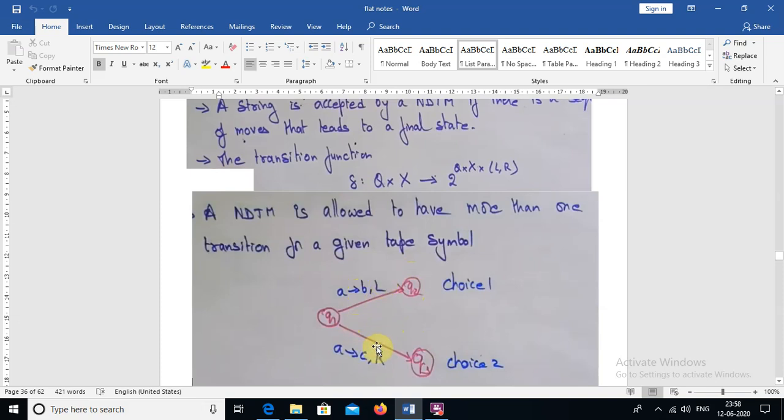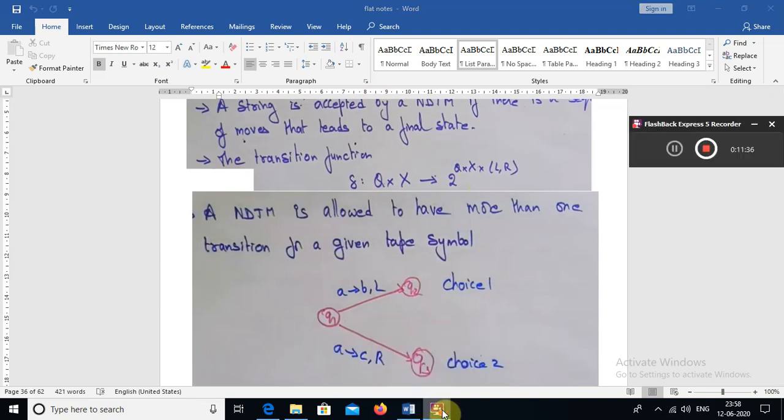You can move to the right or to the left. These kinds of things are called a non-deterministic Turing machine. So this is brief information about the non-deterministic Turing machine. There is only one difference, that is the transition function defined like this, and the diagram may also be represented like this. We will discuss the non-deterministic Turing machine later in the variations of the Turing machine.